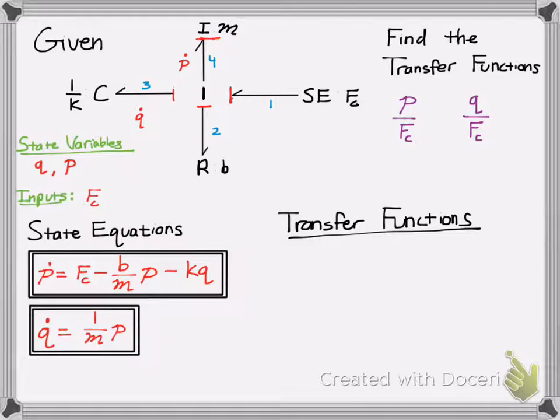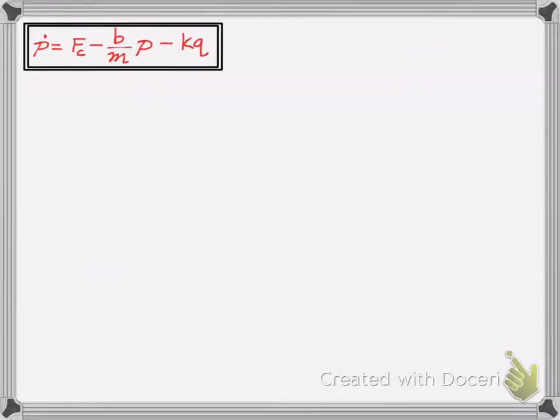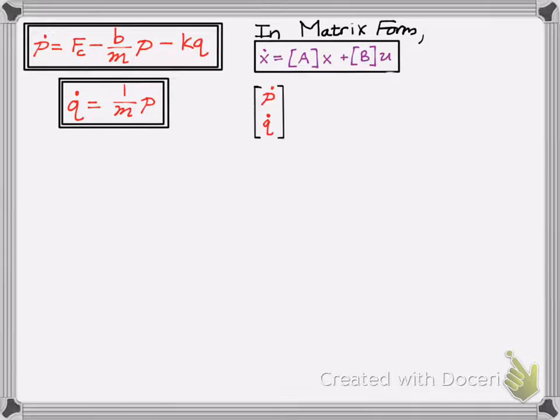Now, in order to write the transfer functions, we're going to do a little trick. First, we're going to put the state equations into matrix form. And the matrix form looks something like this: X dot is equal to matrix A times vector X plus matrix B times vector U. And we'll write it like this.